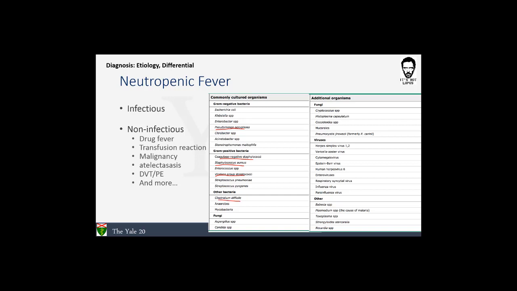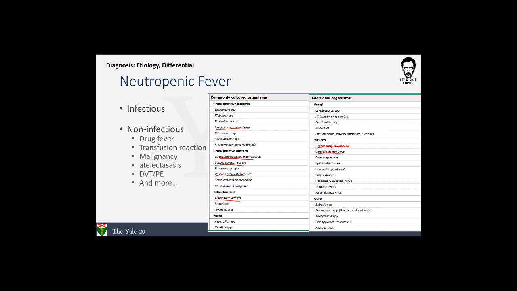C. diff is unfortunately really common, especially on patients who have a lot of antibiotics. Viruses are also things to consider. HSV and VZV are commonly reactivated in seropositive patients who now no longer have an immune system to fight.